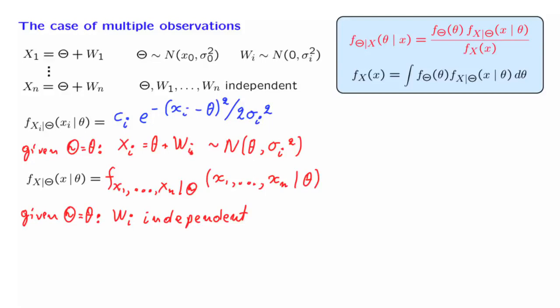And since the wi's are independent and the xi's are obtained from the wi's by just adding a constant, this means that the xi's are also independent in this conditional universe. Once I tell you the value of theta, then because the noises are independent, the observations are also independent. But this means that the joint PDF factors as a product of the individual marginal PDFs of the xi's.